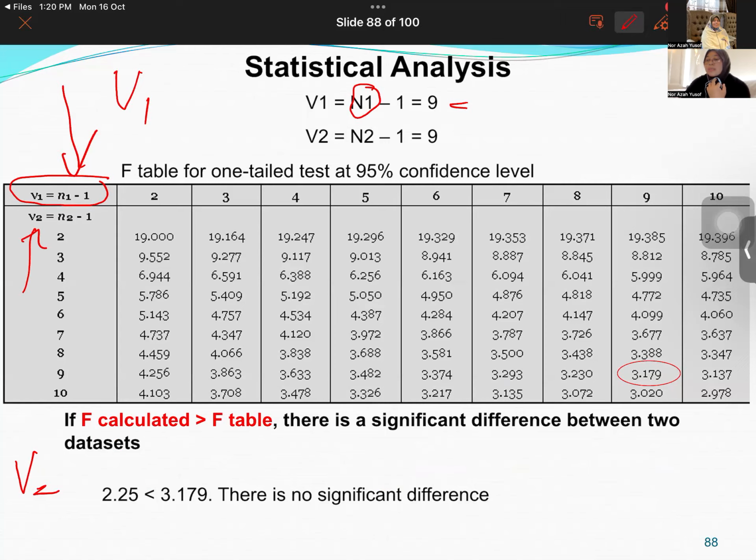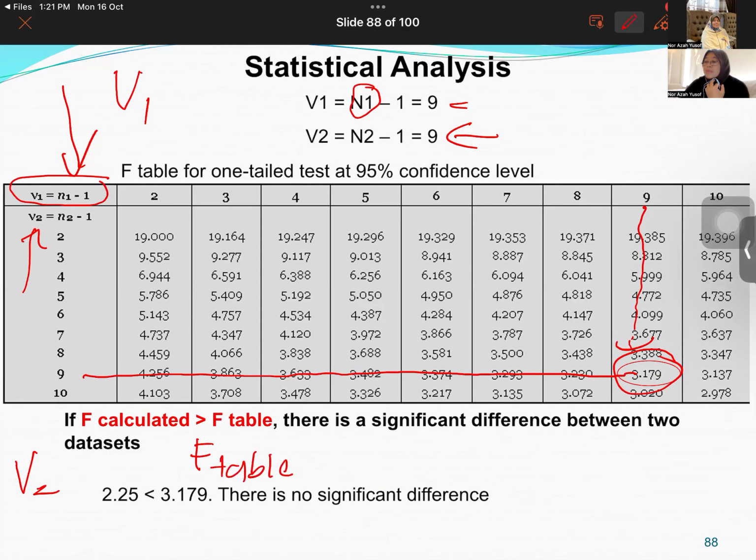My observation is also 10, so I have the same degree of freedom, which is 9. Here 9, and the CHM method is also 9. So we have the value, what we call the F table value, from the table.